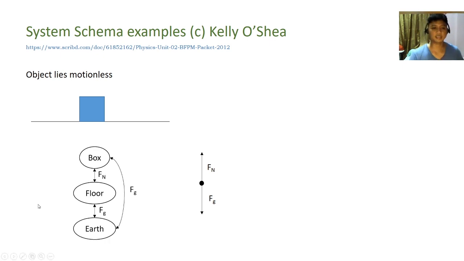Oh, there it is. Now I want you to take your time in your notes to really copy this, because this is very important. The words encircled are the main objects in your problem. For example, you have the box, the floor, and the earth.